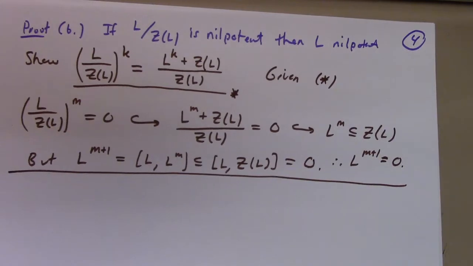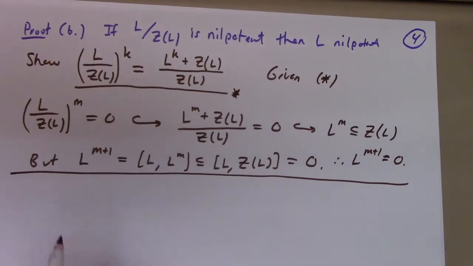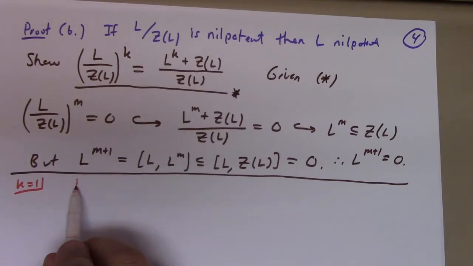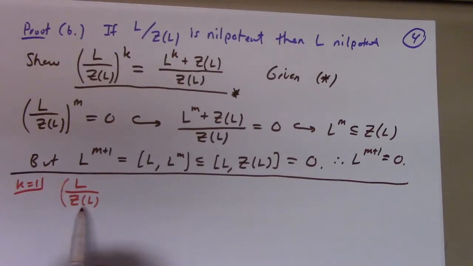So how can we show that? Let's see, for k equals 1, what do we have? We have the claim that L mod ZL, 1, which is what?